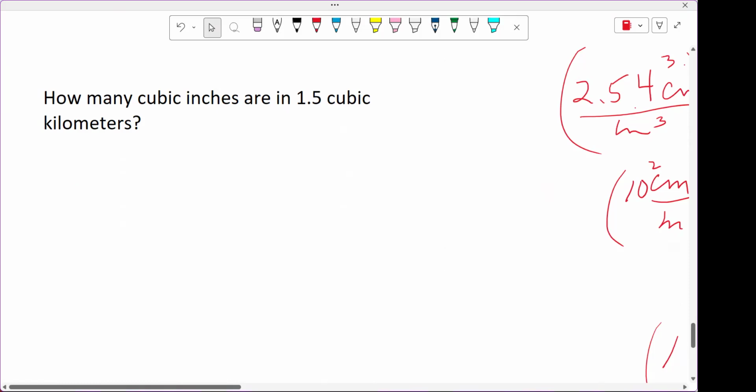Okay, how many cubic inches are in 1.5 cubic kilometers? So the given is 1.5 cubic kilometers. And we want to get cubic inches.